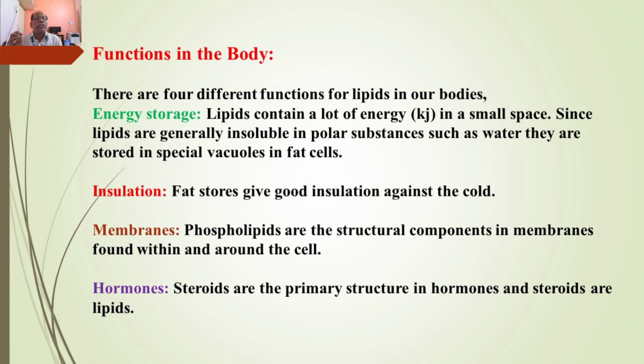Hormones and steroids present in the cells are composed of lipids. There are some hormones like insulin which are protein in nature, but the majority of the hormones are steroids, and steroids are composed of lipids.